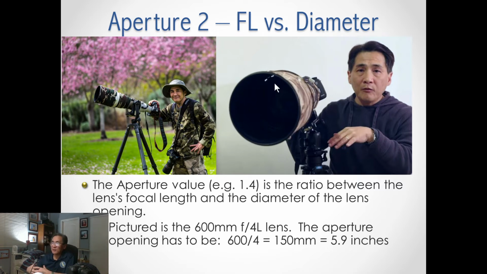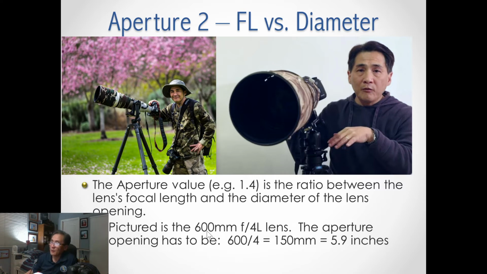Do you ever wonder why this thing is so big? It's big because of the physical property that the lens has to have. At least for this kind of lens. Canon makes a DO lens that doesn't use this physical model, so it might be different, but 99% of the lenses that we use today use this formula.